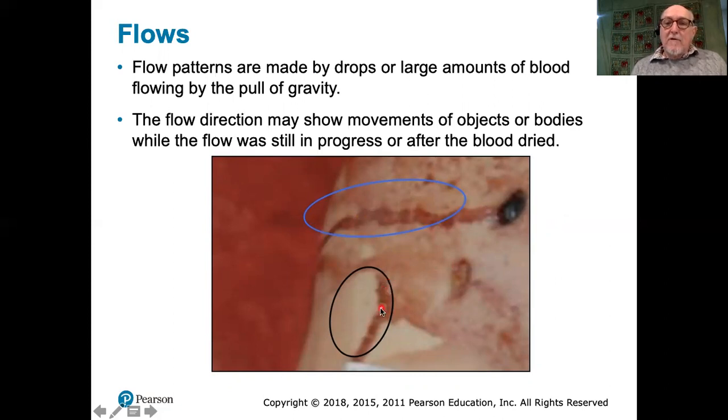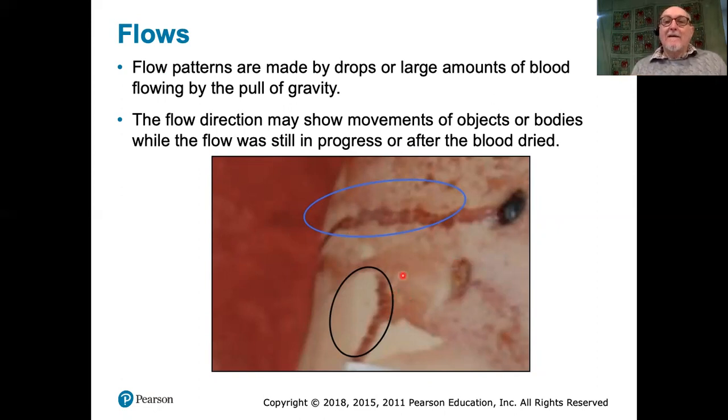But look here and you realize there's a blood flow pattern at right angles. Those two things cannot be resolved from this body having remained motionless. This body had to have either moved under its own volition while it was bleeding, or else been moved.